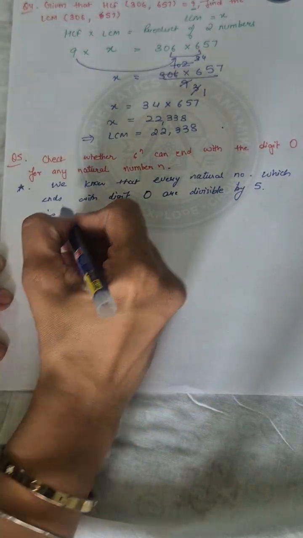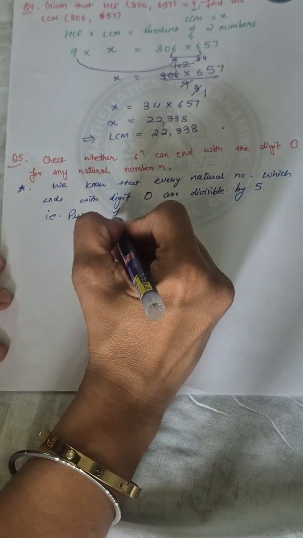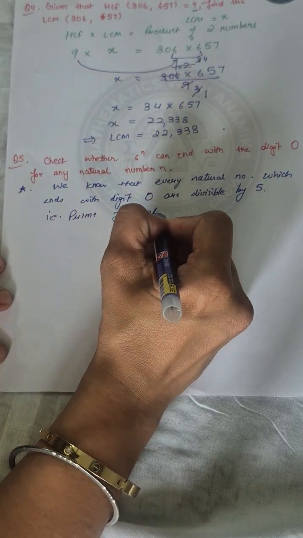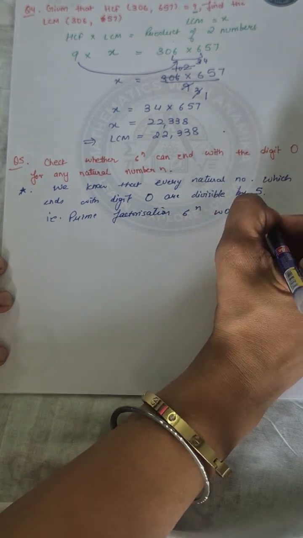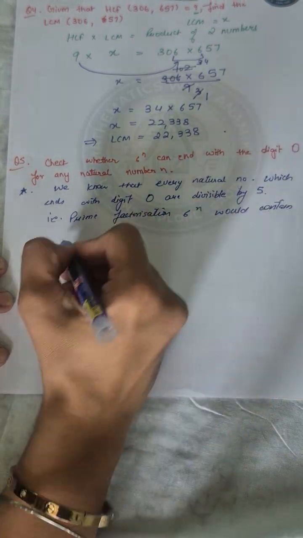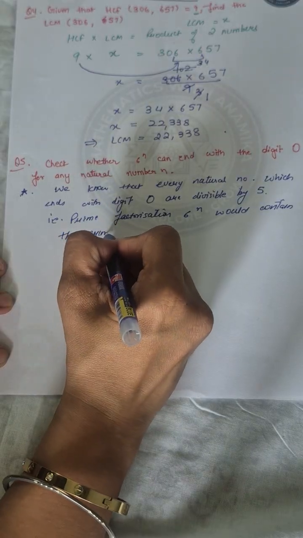That is, the prime factorization of the number that is given, that is 6 to the power n, would contain the prime number 5.